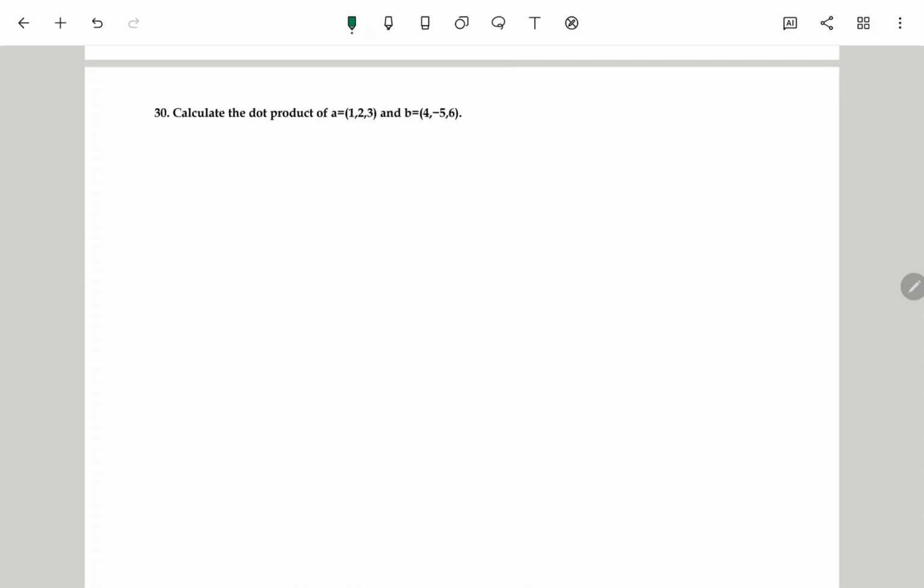Calculate the dot product of A and B. Now vector A here equals i hat plus 2j hat plus 3k hat, and B as a vector equals 4i minus 5j plus 6k. Now A dot B equals, remember when you dot product two vectors, you only multiply i with i, j with j, k with k, and the result is a scalar quantity.